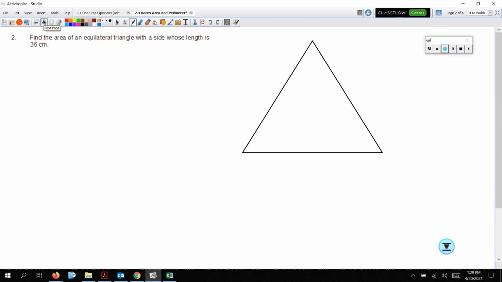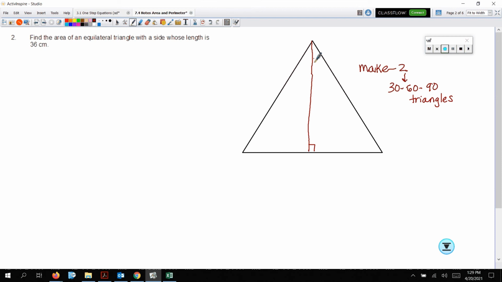Now we have equilateral triangles. When you cut an equilateral triangle in half, we end up with 2 special right triangles, 2 30-60-90 triangles, okay?